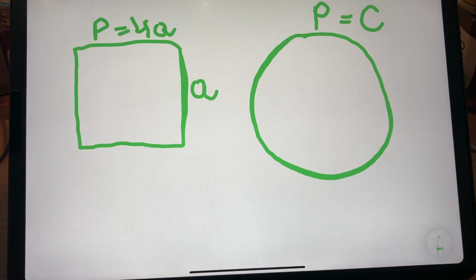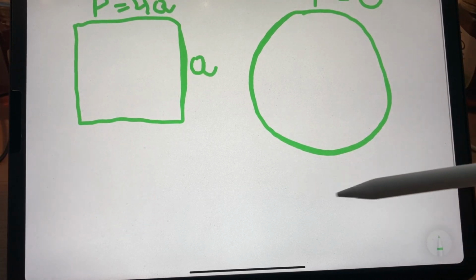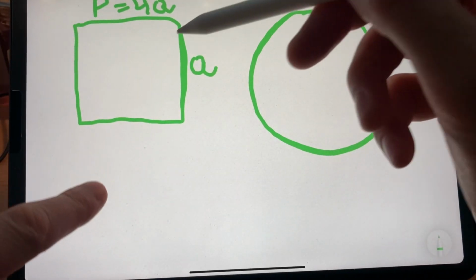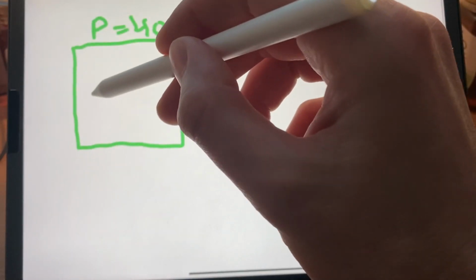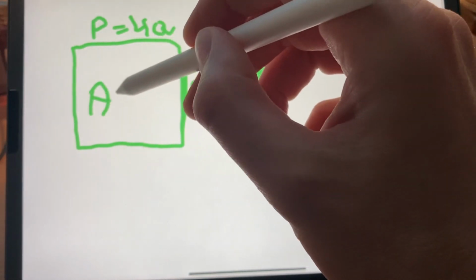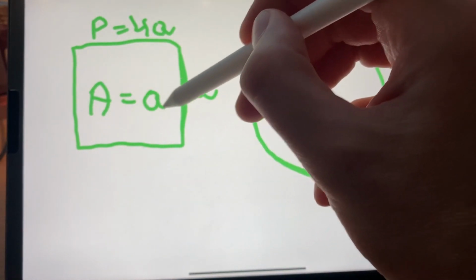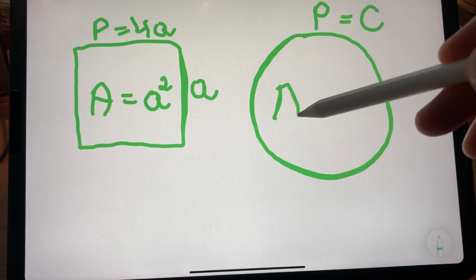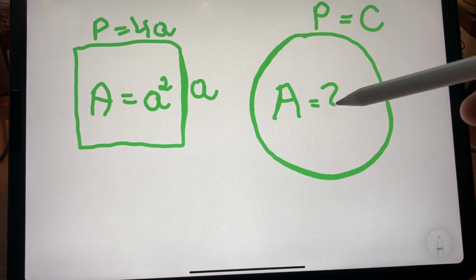Then the area of the square is going to be a squared, and so the question is, how big is this area?